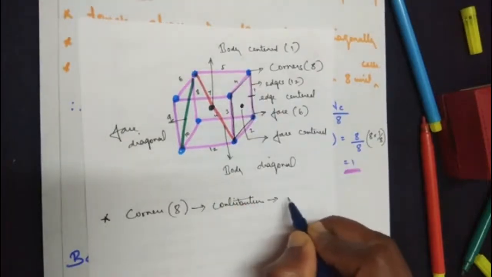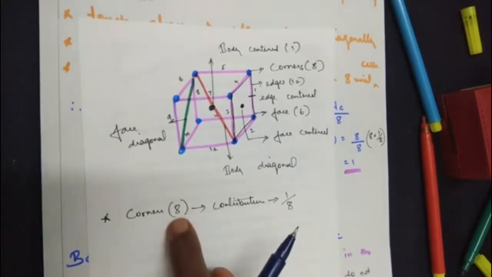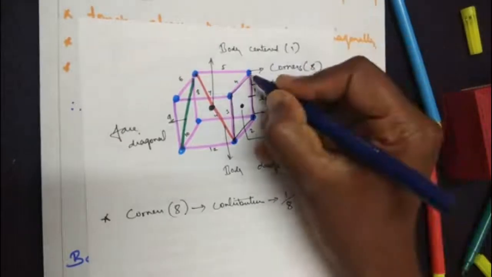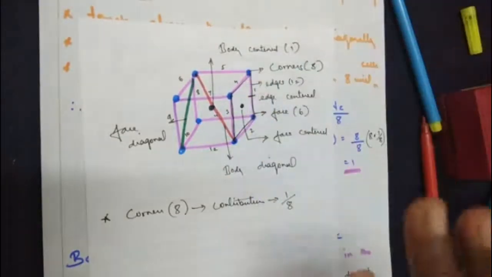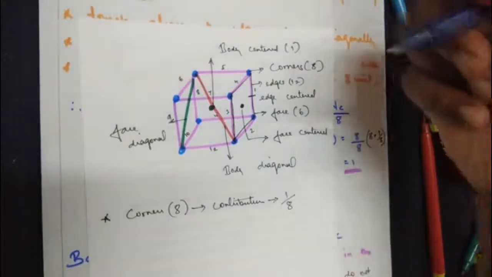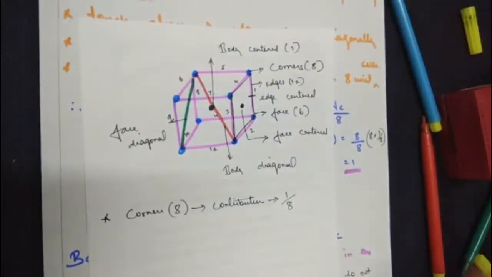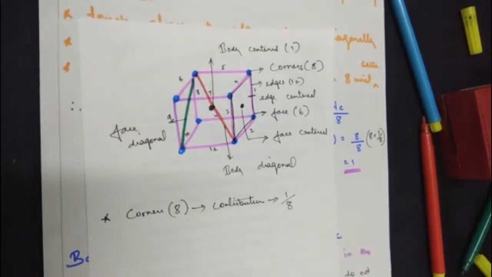The contribution is 1 by 8 only. I'm repeating so I'm not confusing you. 8 corners are there, but we don't say one full atom is contributed to the unit cell, only 1 by 8 part of it. I will explain this showing you the shapes. So remember, contribution by the corners is 1 by 8.